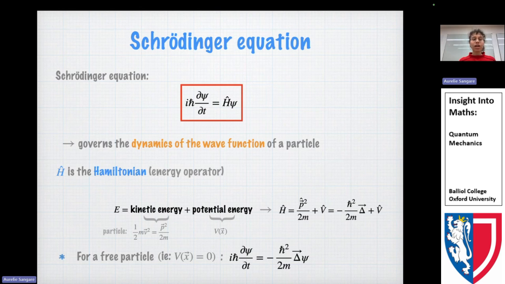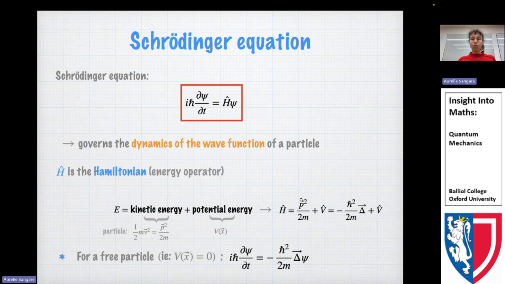And if you consider a particle, then its kinetic energy, the energy that it has because it's moving, is 1/2 of mv squared. And because there is a relation between the linear momentum p and the speed v, we can re-express this in terms of the linear momentum.